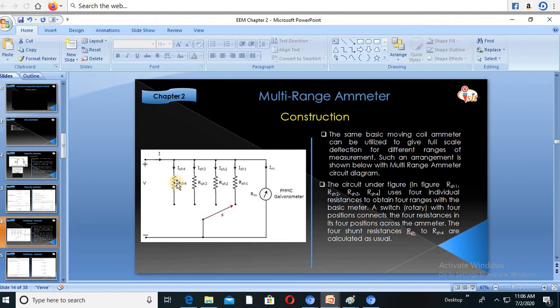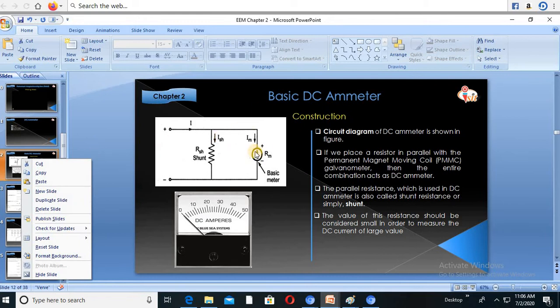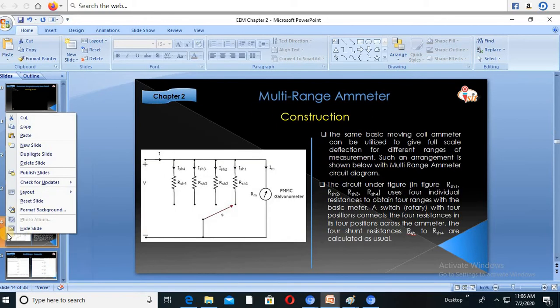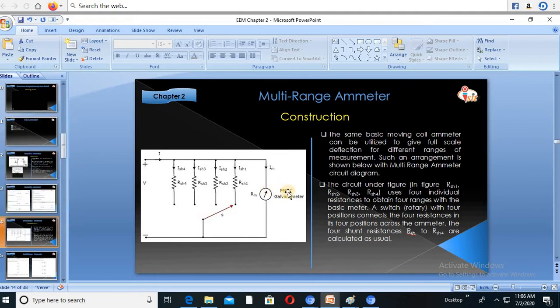Because here the number of shunt resistances is 4: RSH1, RSH2, RSH3 and RSH4. Therefore it is called a multi-range ammeter. The same PMMC galvanometer which we already used in the basic DC ammeter is used in the multi-range ammeter also.